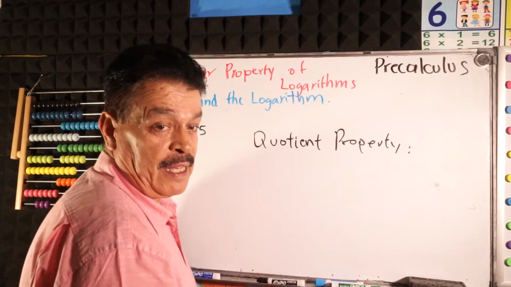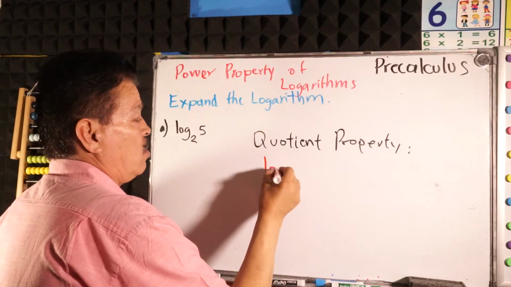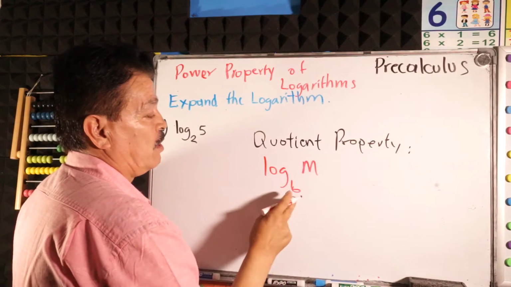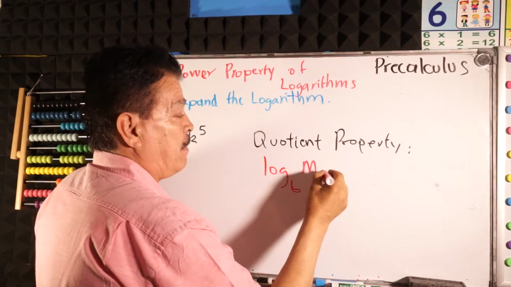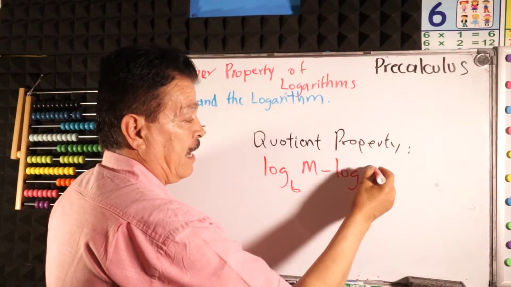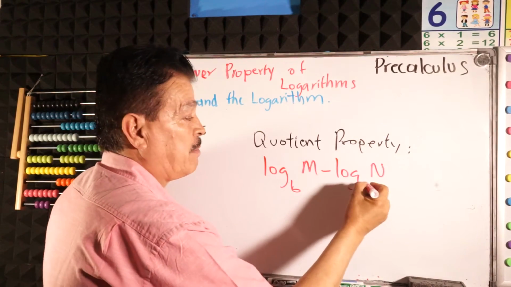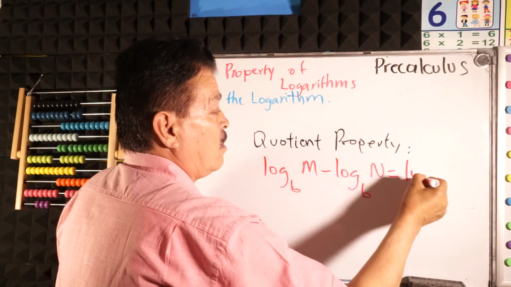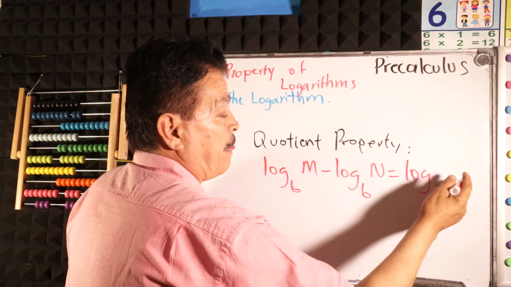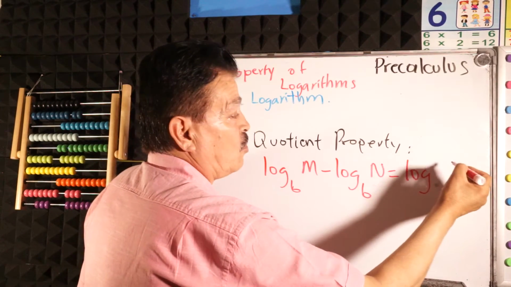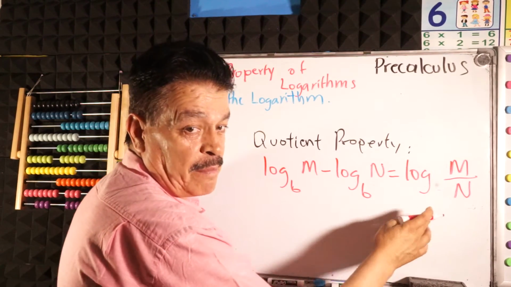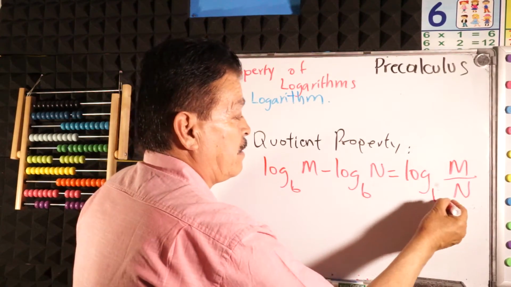This property means log m to the base b minus log n with the base b equals log of the division, the quotient m divided by n, with the base b.